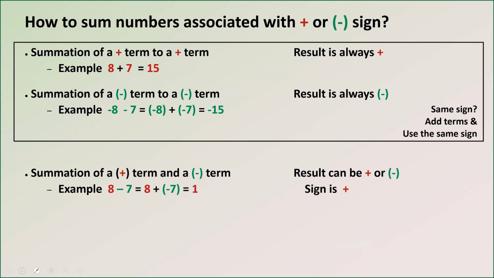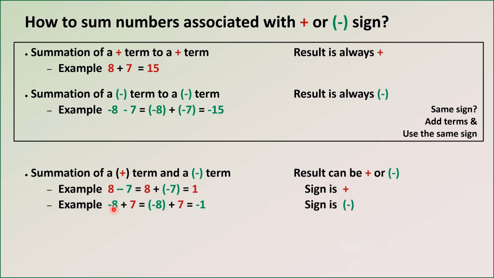For example, if I have 8 minus 7, which can also be written as 8 plus negative 7, the result is 1. I simply subtract 7 from 8. So the sign is a positive sign.